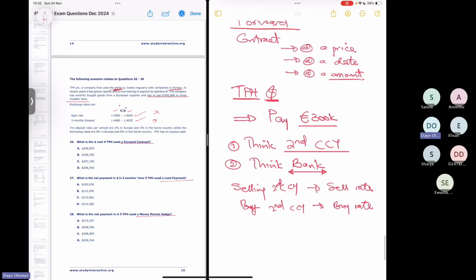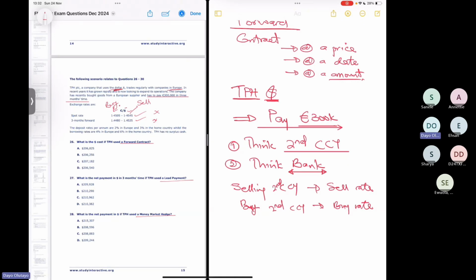Remember, the first one is usually the buy rate, and the one at the back is your sell rate, because a bank will always sell more expensive than they are buying. Anybody wants to sell higher than the price they are buying at, because you want to make a spread.